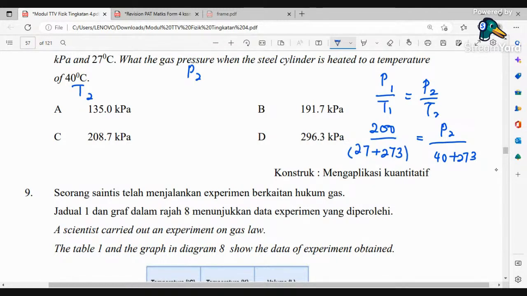You solve for this one, you will get your answer in kilopascal because P1 here is in kilopascal. So you try and see, you will get the pressure P2 equals 208.7 kilopascal. Means temperature increases, pressure increases, so your answer should be larger than 200.